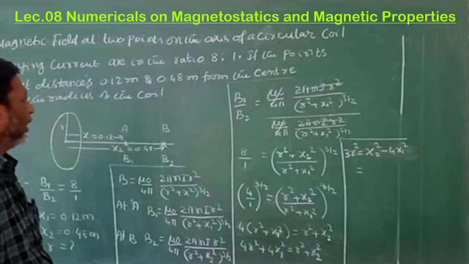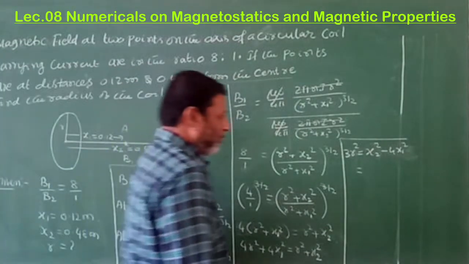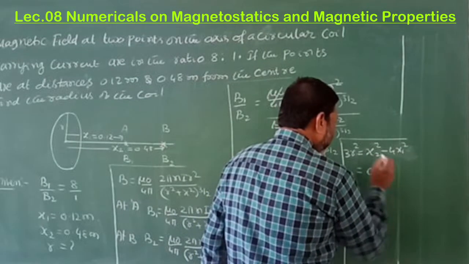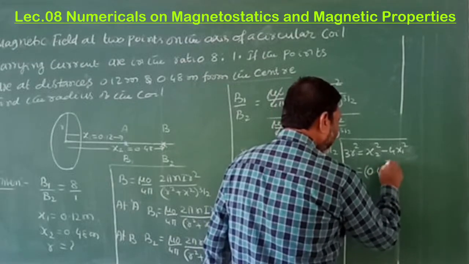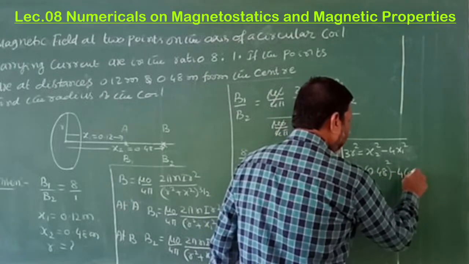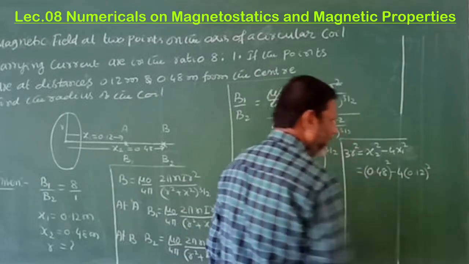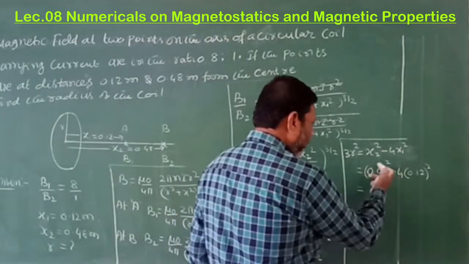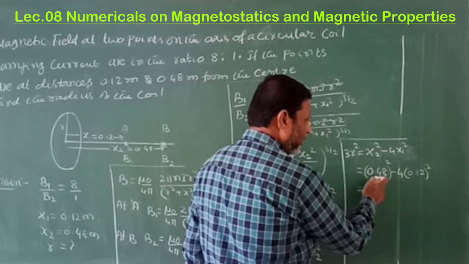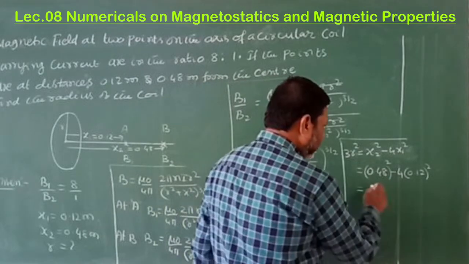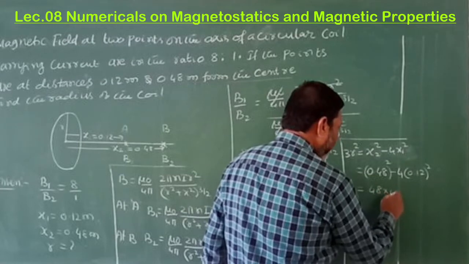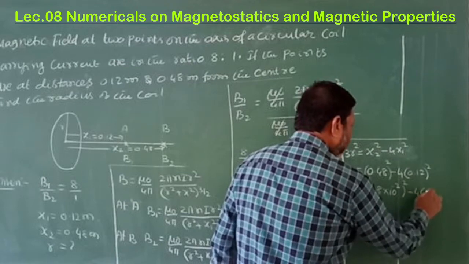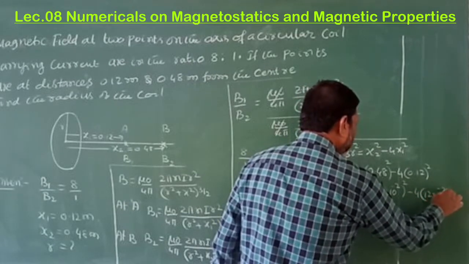X2 value is 0.48. Now I want to write this as 0.48 whole square minus 4 times 0.12 square. If you want to write this, it is (0.48 into 10 raised to minus 2) whole square minus 4 into (12 into 10 raised to minus 2) whole square.